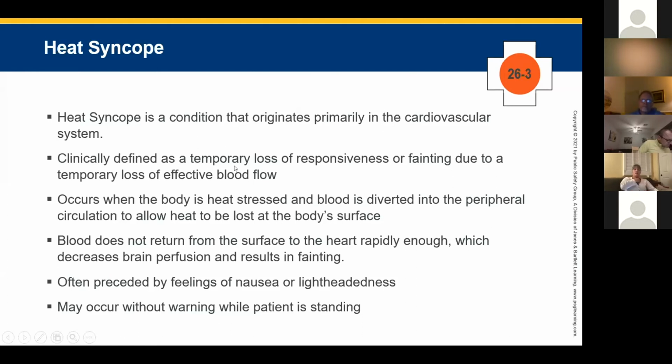Clinically defined as a temporary loss of responsiveness or fainting, which we talked about, because of temporary loss of effective blood flow. So decreased blood flow, diverted into the peripheral circulation to allow heat to lose.